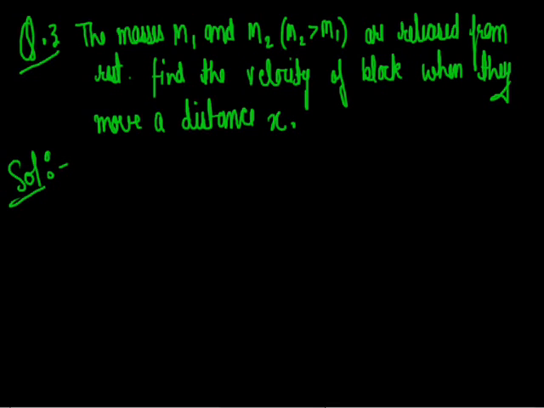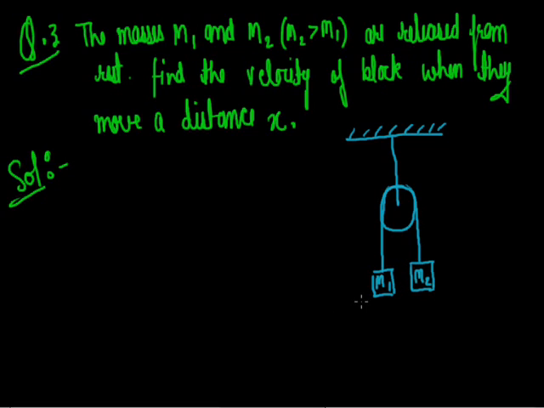Solution. The figure is also given in the question: a pulley and two blocks are attached, one of mass m1 and the second of mass m2. Since m2 is greater than m1 and they are released from rest, when m2 covers distance x in the downward direction, m1 will cover the same distance x in the upward direction.